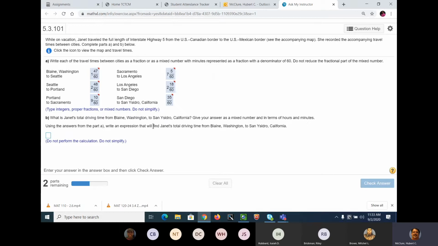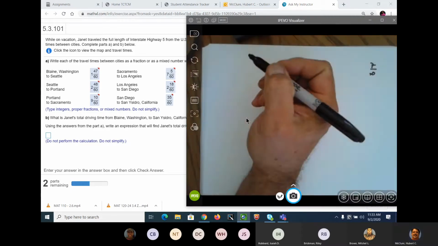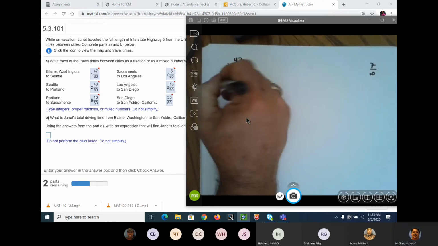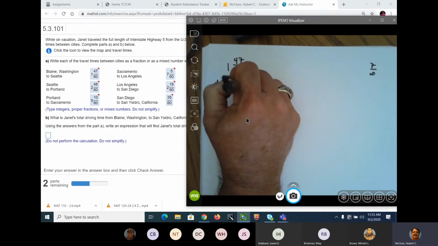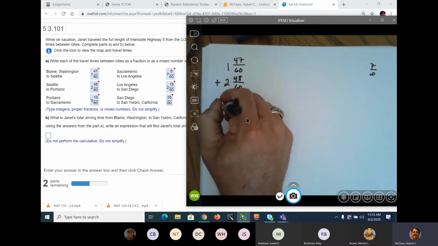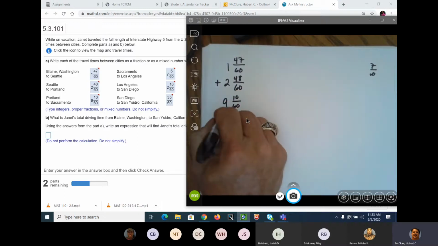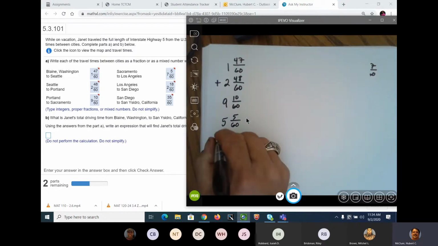So the whole thing. So we're going to add them all up. So that's going to be 1 hour, 47 over 60, plus 2 hours, 48 over 60, 9 hours, 10 over 60, 5 hours, 5 over 60, 2 hours, 18 over 60.